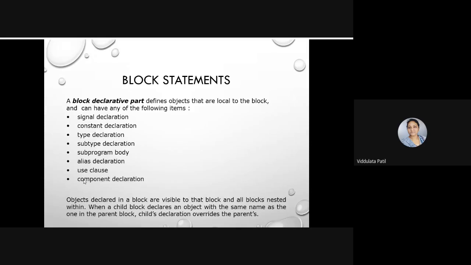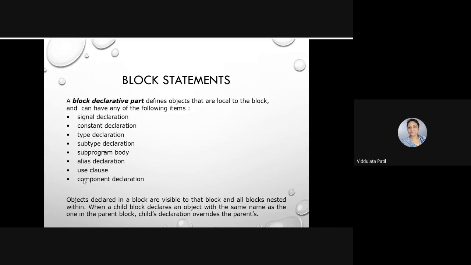Now, these objects declared in the block are visible to that block and all the blocks that are nested within. That means, again, like a function or like a process, we can have nested blocks also. So whatever declarations you are doing in a block declarative part will be visible to that block, and then to any other blocks that are nested within.